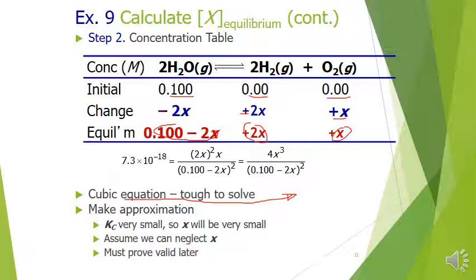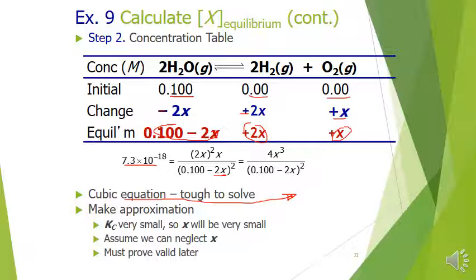But, you know, back in the day, before we had all these calculators, we figured things out using our brains and tried to assume some things. So if Kc is very, very small, the change in x is going to be very, very small. So this value here is going to be negligible, and this is going to be negligible.